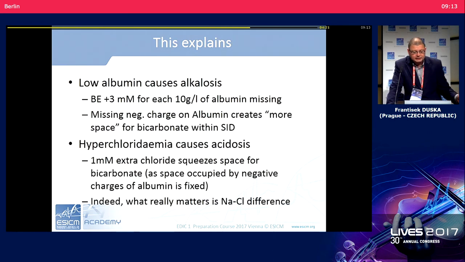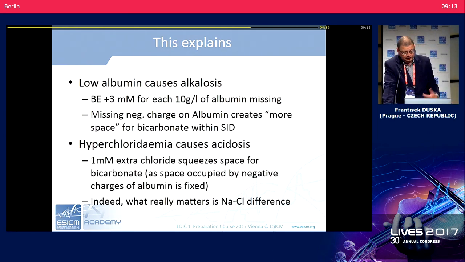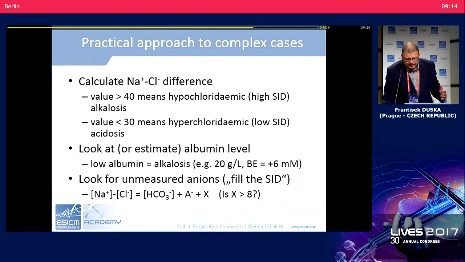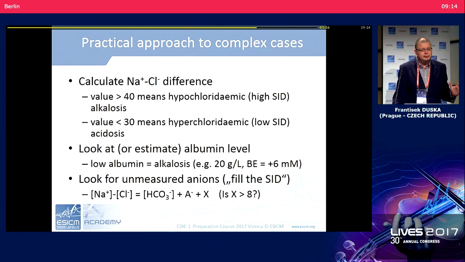And this explained why low albumin can cause alkalosis, simply leaving more space for bicarbonate, and why hyperchloridemia causes acidosis, okay? So if I could recommend, and there are many approaches, and I will show some of them later on, it's just one of many ways how to simplify the rule of electroneutrality and use it in clinical practice.